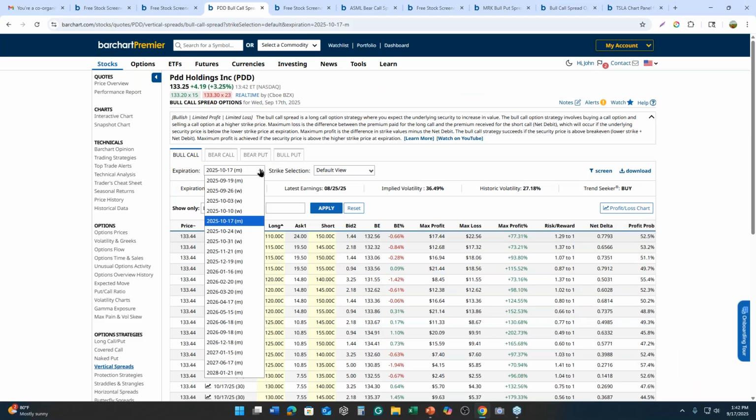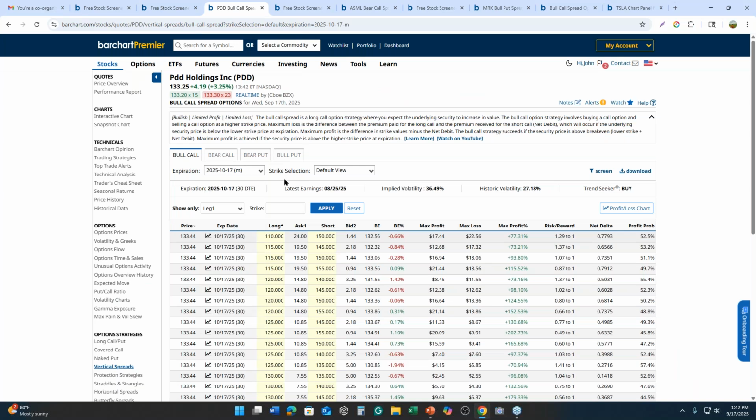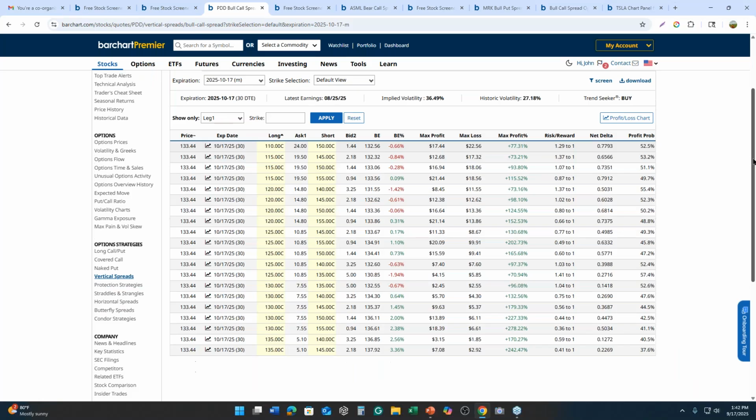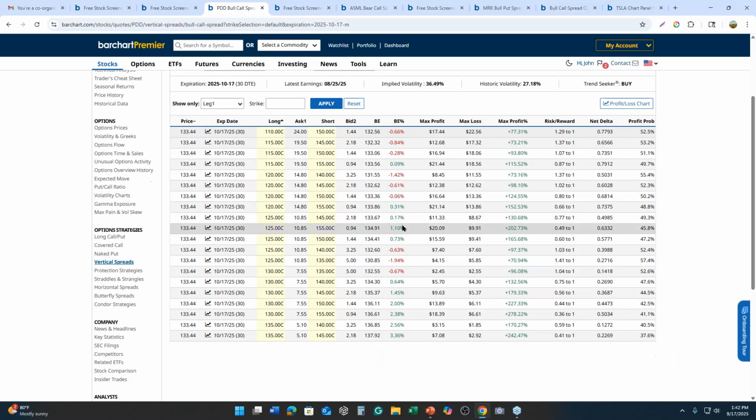So there is a balance that I need to strike: more time is going to be more expensive, but at least 30 days I think is definitely something that I can afford. So what do we say? 130, 135, 130, 140, 135, 140. And there we go. 130, 140, where our maximum profit would be $5.70, and our maximum loss could be a potential of $4.30, right? I think that would be more conservative, right?